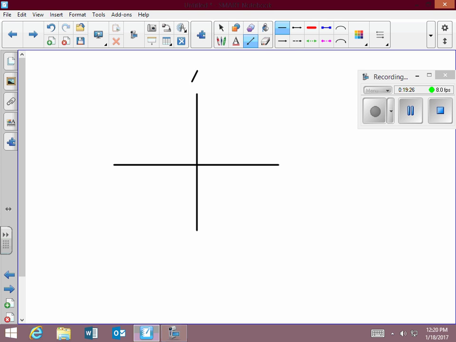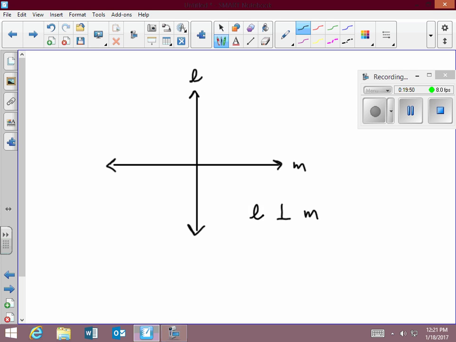Now typically you're going to specify lines like you'll call this one L and this one M. And then L has to be perpendicular to M. And those lines really are, because they have no endpoints, really just this kind of thing. And then what I'm doing is saying that those are perpendicular, and then you'd specify it this way.